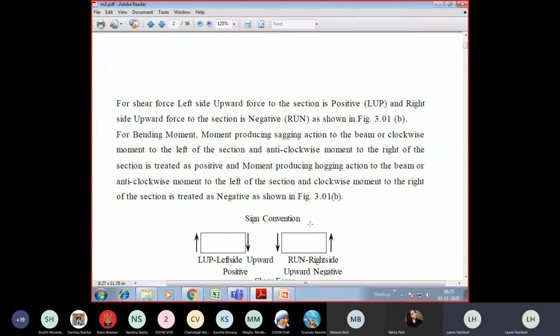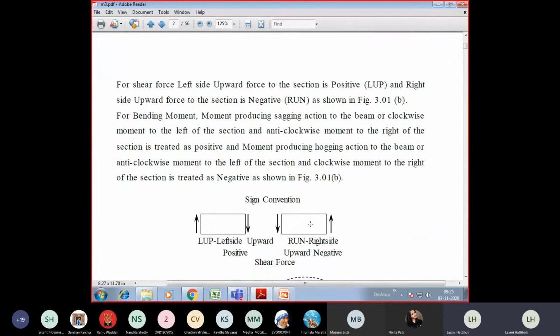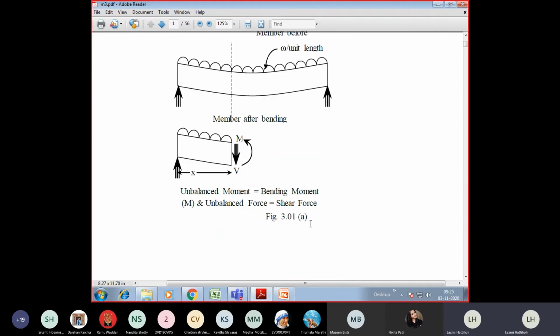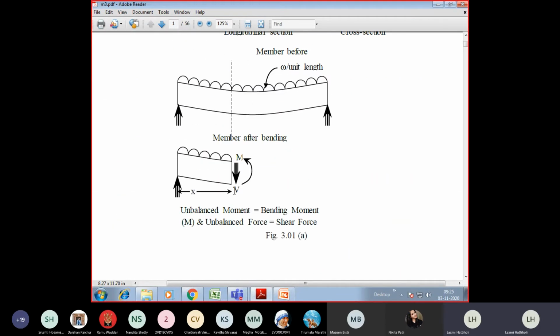Now let me tell you a few of the sign conventions, right? So whenever a beam is given to you, it may be any kind of beam. It may be a cantilever beam, a simply supported beam, or any type of beam which you know. Of course, it should be for your syllabus. It is a statically determinate beam itself. Now, whenever you're drawing shear force and bending moment diagram, what the main thing that includes in the third module is, as I said, this M and V will be generated throughout the section.